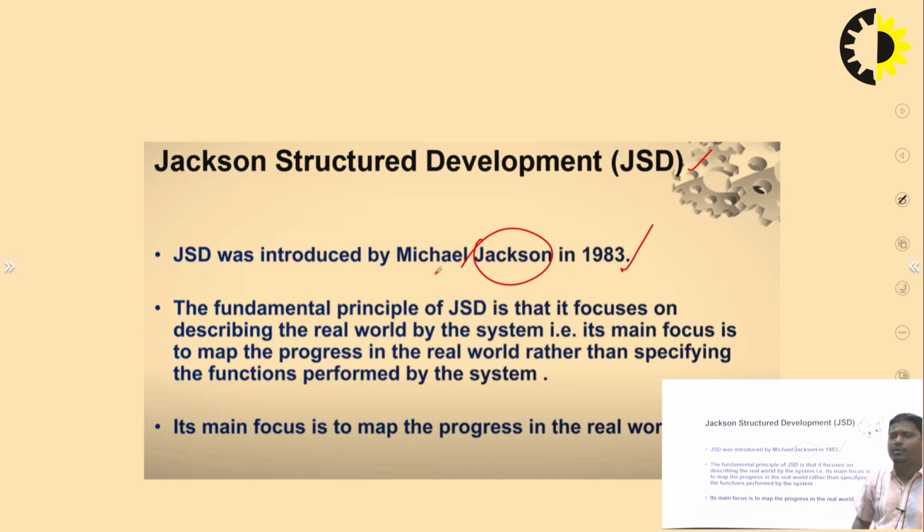Its main focus is to map the progress in the real world rather than specifying the functions performed by the system. So in JSD we are not only focusing on functions and features of the system, but we are also mapping the progress of the real world with the timeline. This is the basic idea behind Jackson Structure Development.